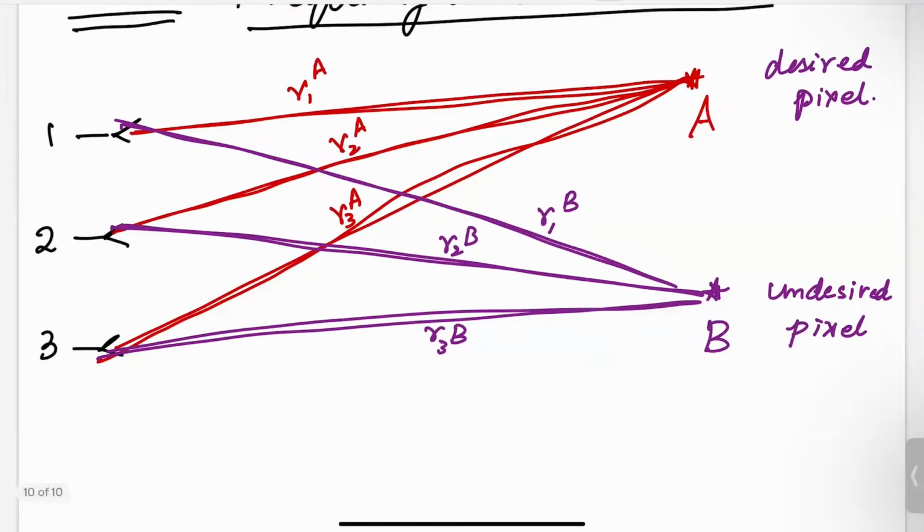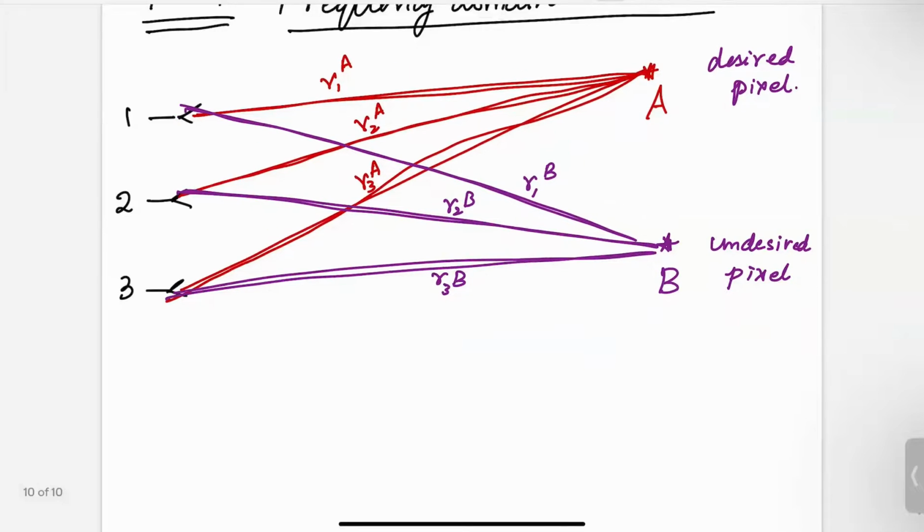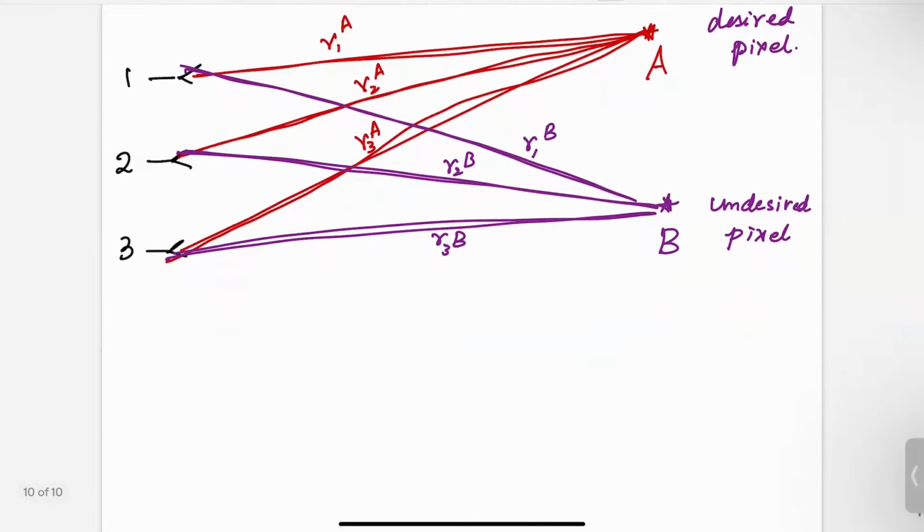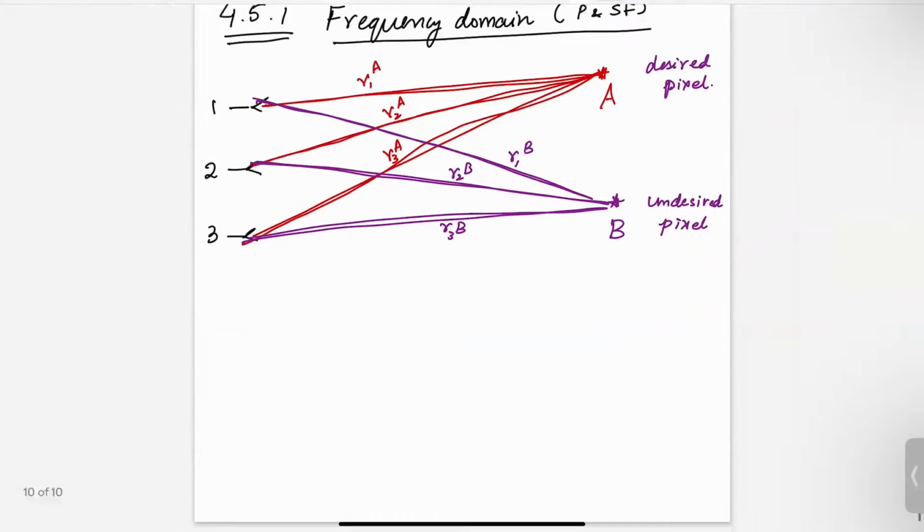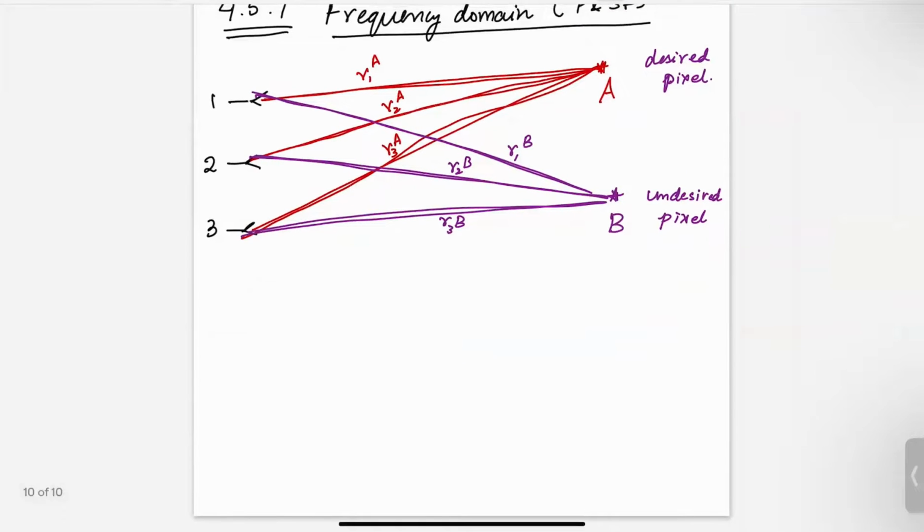Just for the sake of simplicity, that's the labeling I'm going to use. So now what we'll do to develop intuition is we'll use the phasor model. If you don't know what the phasor model is, I would highly recommend going back and looking at the video on step frequency radars.